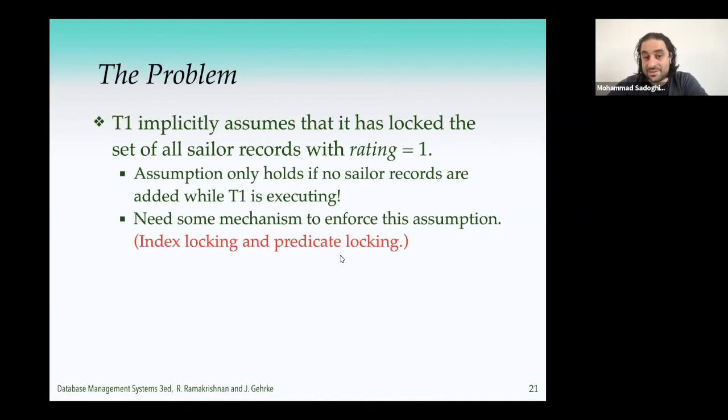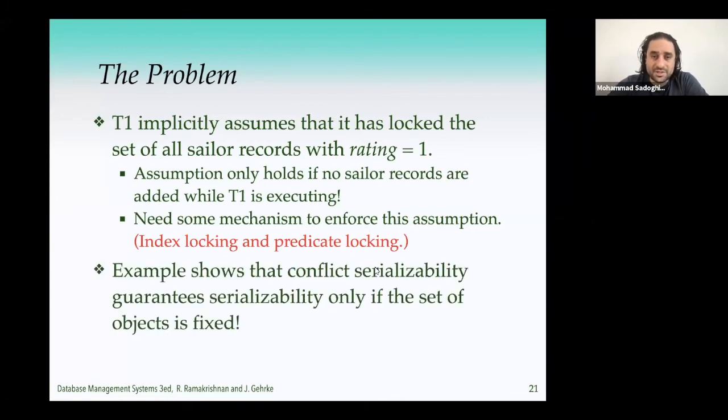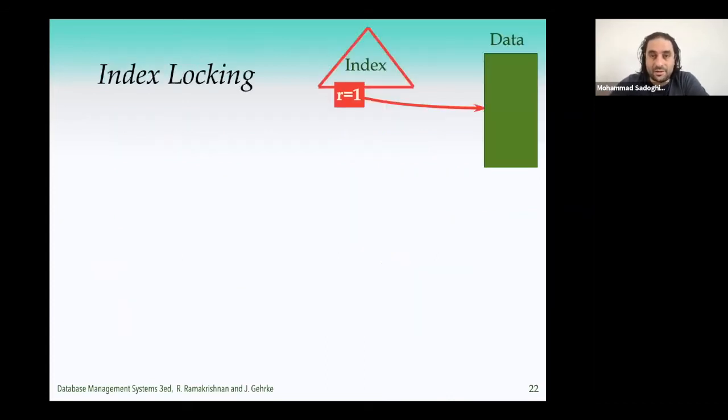It really says lock all the records of any rating. So it is a predicate, but it is a very strong one. So the question is, can we do this better? Can we extend our conflict serializability to guarantee it when the set of objects that are fixed can also be relaxed, allowing new elements to be added or removed?